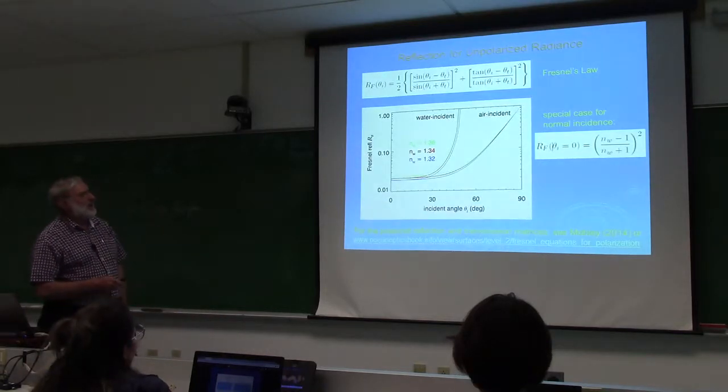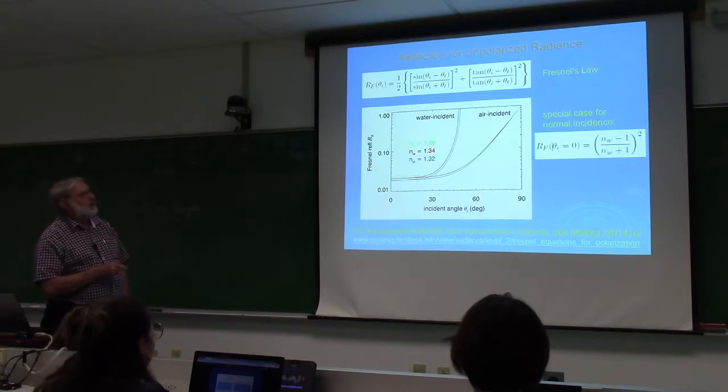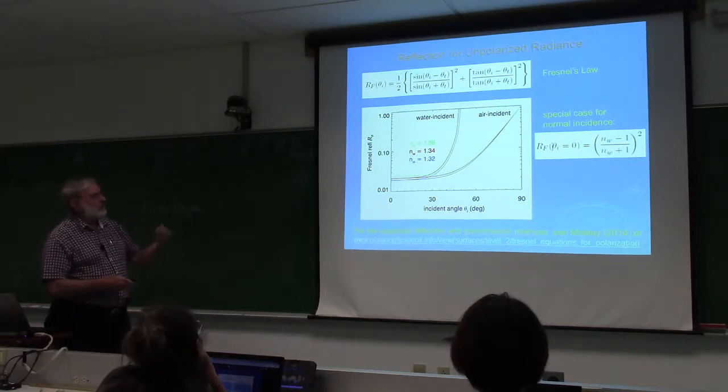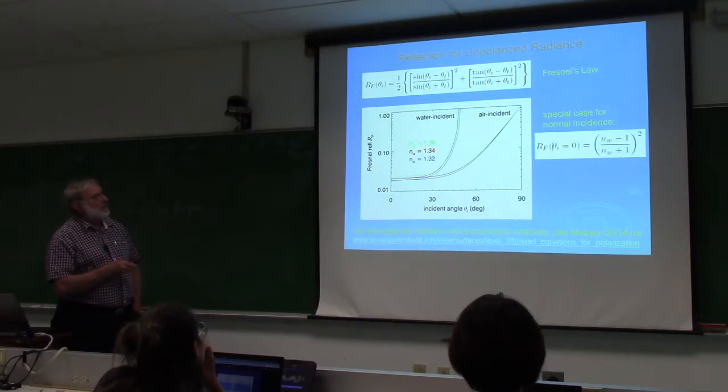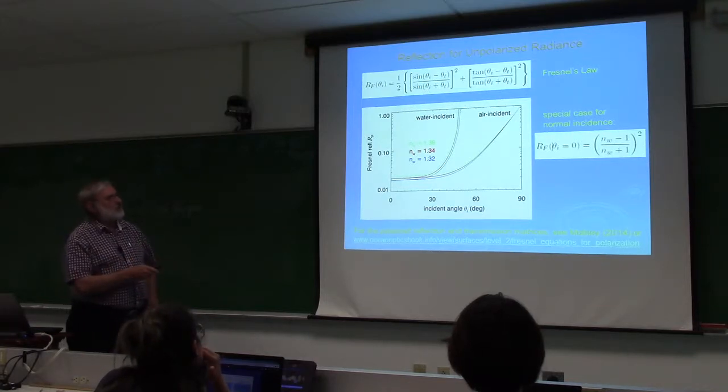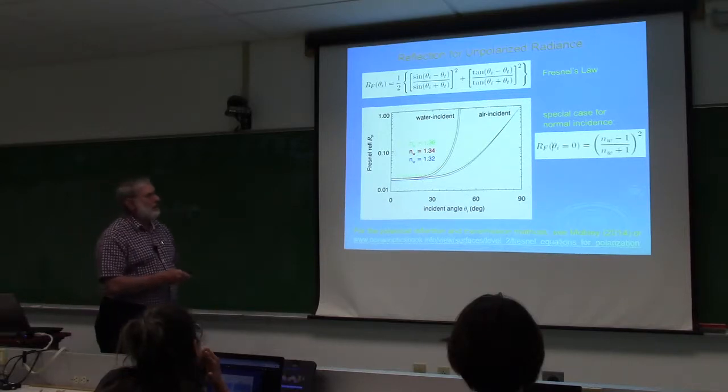Okay, so anyway, there's this little formula that says how energy or radiance is reflected by a surface. That's Fresnel's law. Given the incident and the final directions, you can figure out what fraction of energy is going to be reflected.